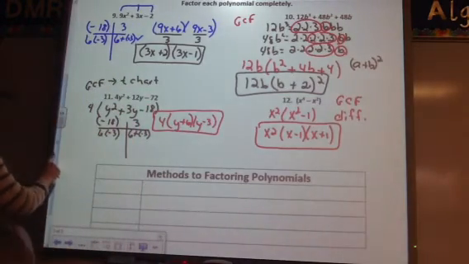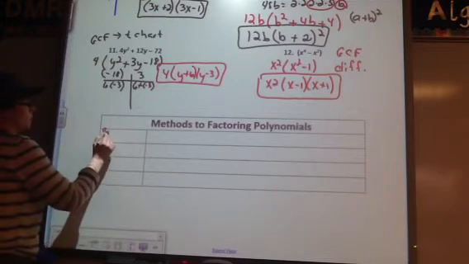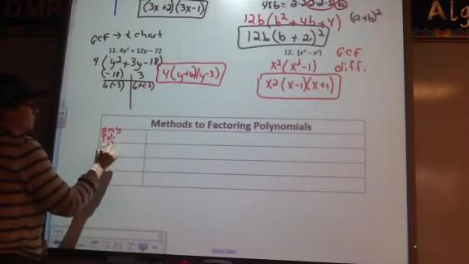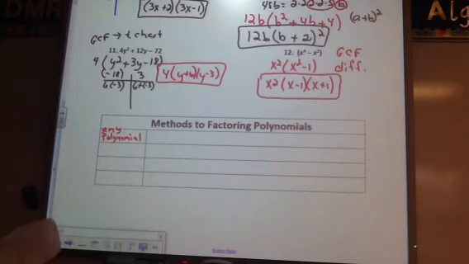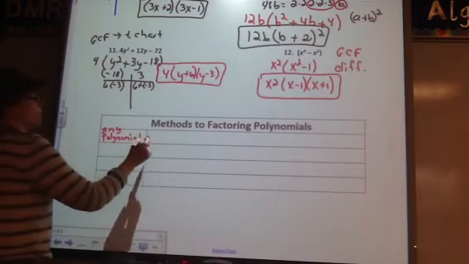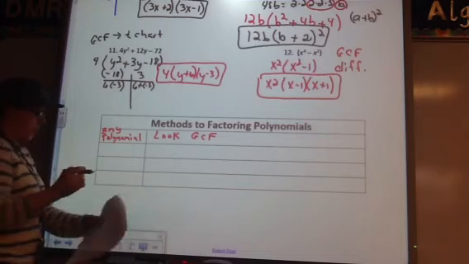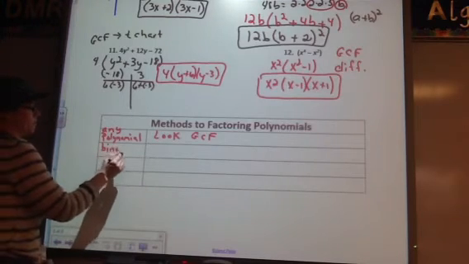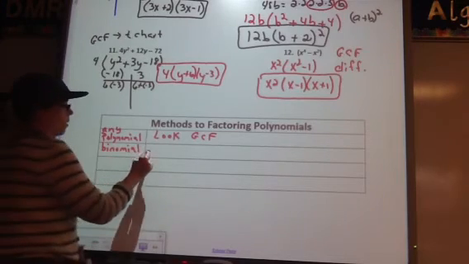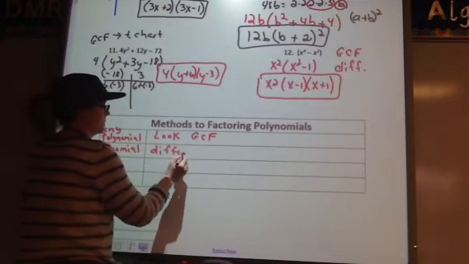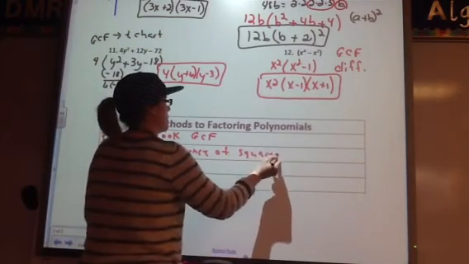All right, just a little bit here at the end to help you. Any polynomial with a binomial, trinomial, or if there's 4 terms, you want to look for a GCF. Okay? If it's a binomial, which is two terms, you want to look for difference of perfect squares.